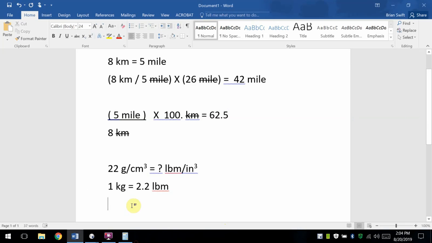It would be 1 gram is equal to 2.2 times 10 to the minus 3. This K represents a factor of 1,000, so when you divide by 1,000, the K goes away.